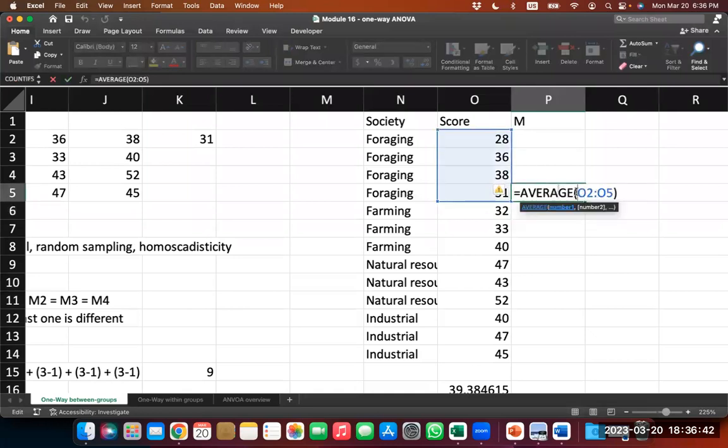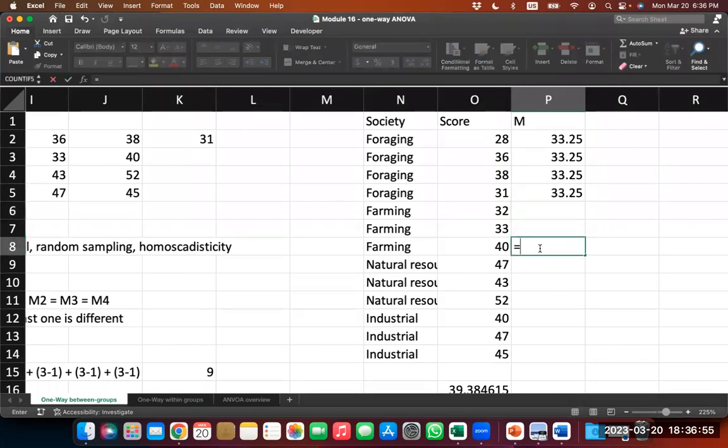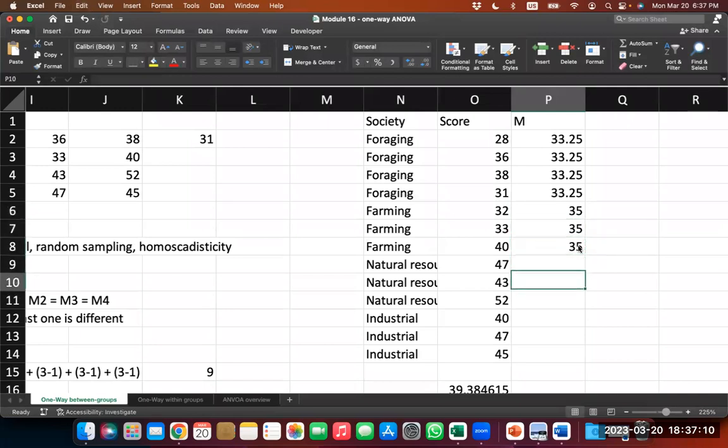Caveat, we need to lock it in with the dollar sign. Then we copy this over the previous 3 entries. We do the same for farming, again locking it in, and copy it over the other 2.